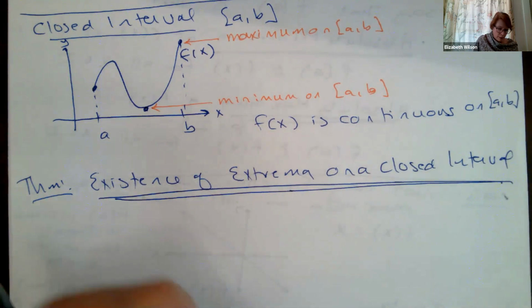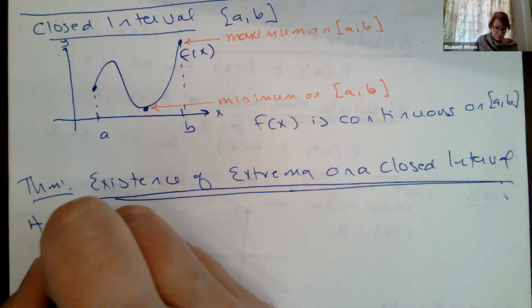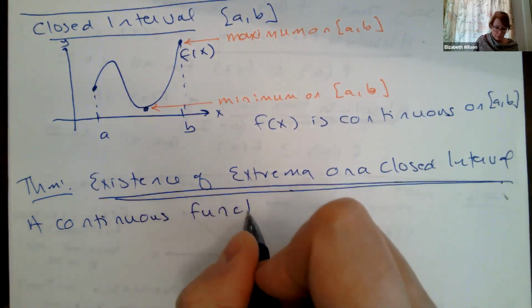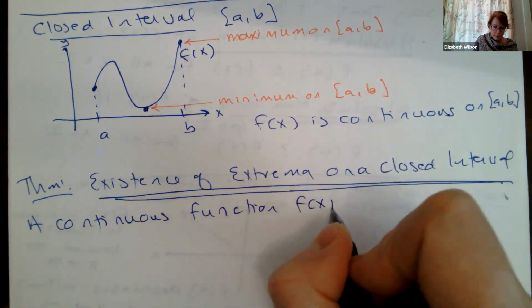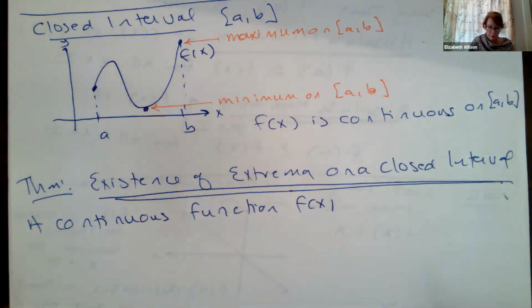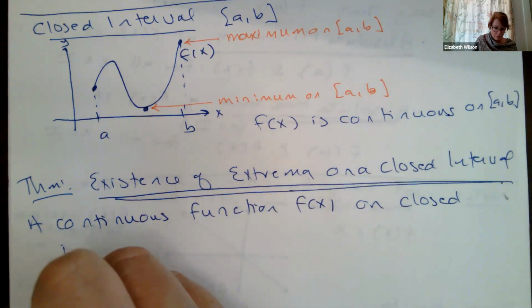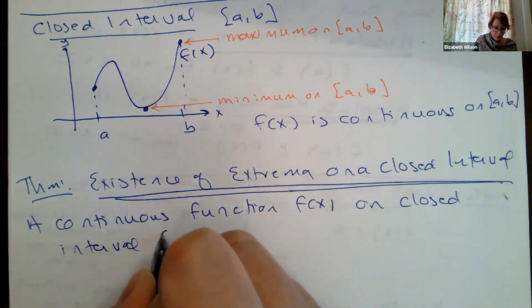Okay, so we've got this continuous function f of x on a closed interval. We'll call that a to b.